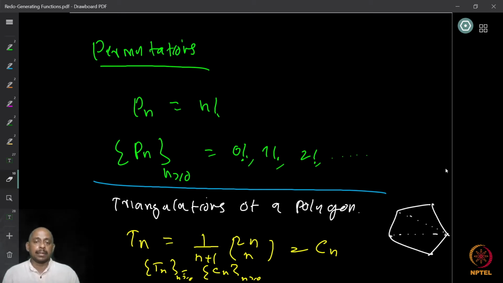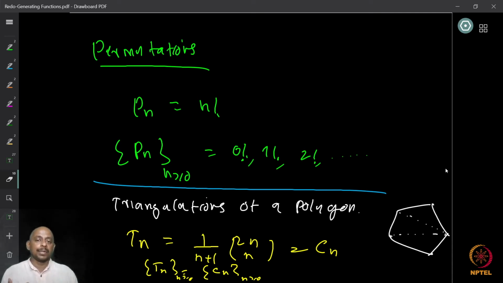Similarly, we have Tn. The sequence Tn counts the triangulations of a polygon with n sides, and we know that it is the Catalan number. We discussed this before, and therefore the sequence Tn is the sequence Cn, where Cn is 1 by n plus 1 times 2n choose n. So these are examples of counting sequences.